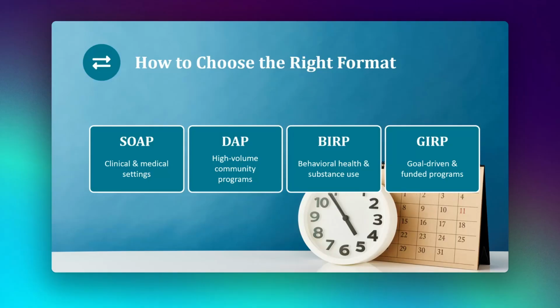And GIRP when your program is goal-driven and you need to tie every session directly to a measurable treatment plan objective. Your agency's compliance requirements and funder reporting needs will often make the decision for you. So always check those first before picking a note format based on personal preference alone.